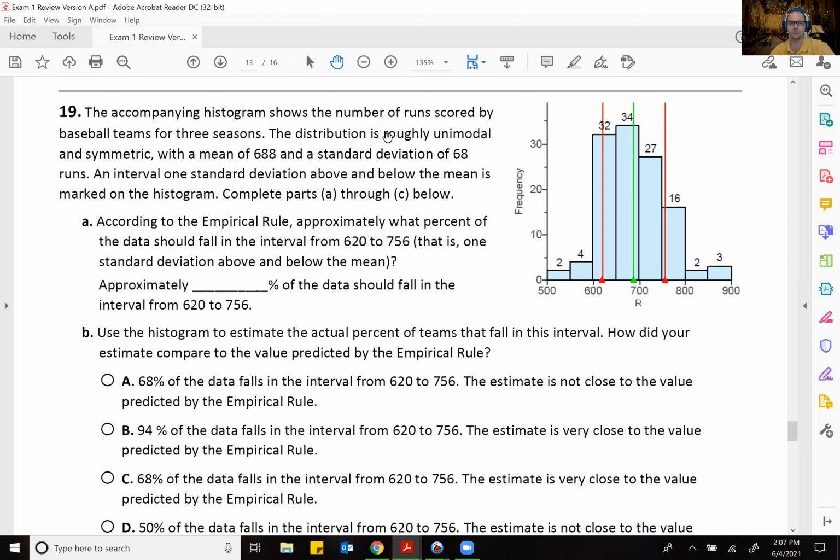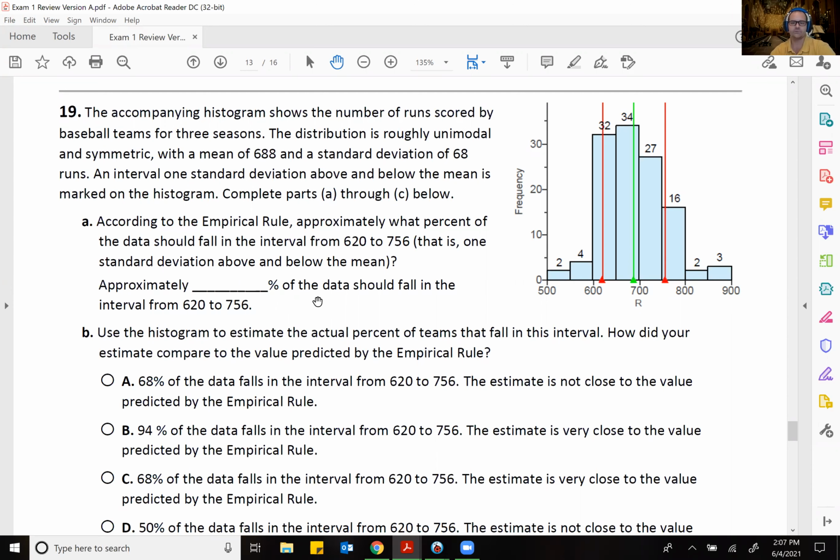The distribution is roughly unimodal and symmetric, with a mean of 688 and a standard deviation of 68. An interval 1 standard deviation above and below the mean is marked. So this is 1 standard deviation below, this is 1 standard deviation above, this is the mean.